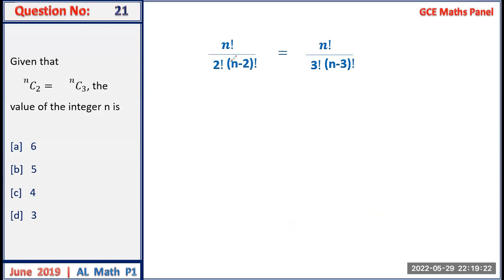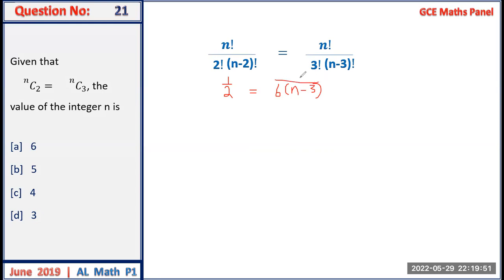All right, let me check it out again. N combination 2. So this is going to give us 2, of course this will just be 2 on the left-hand side. On the right-hand side, 3 factorial is 6, and n minus 3, so 6 into n minus 3. Of course, the numerators are just 1 because n factorial will cancel out on both sides.